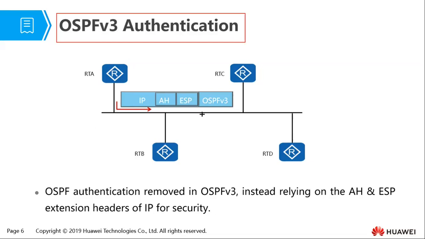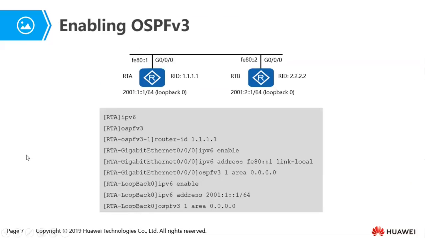Authentication is left for IPv6, and it normally relies on the IPv6 extension headers, in particular the authentication header and also the encapsulating security payload header, ESP. So when you'll be configuring OSPF version 3, you're not going to configure authentication anyway.